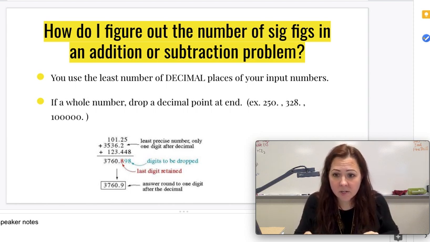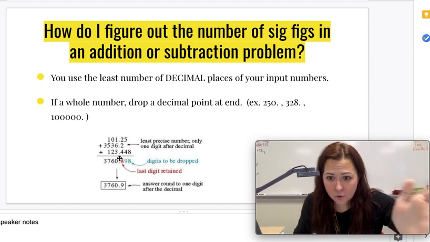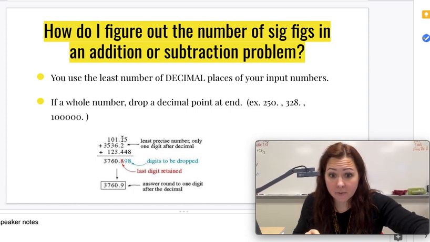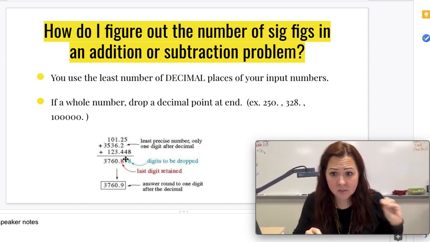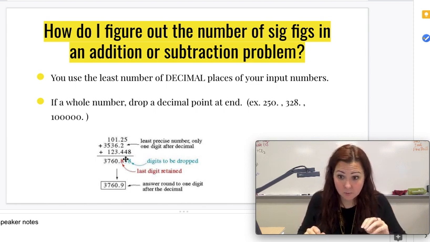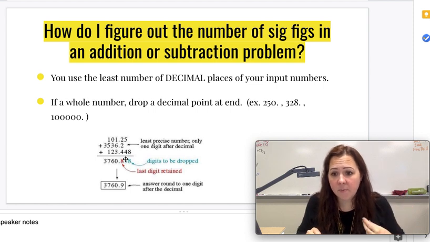When we're looking at addition and subtraction, after you do the math problem and put it all in your calculator, you're going to look at the precision, and you're going to use the least precise number. What that actually means is you're going to look at your number of decimal places. The number that has the least amount of decimal places determines how you round your answer.